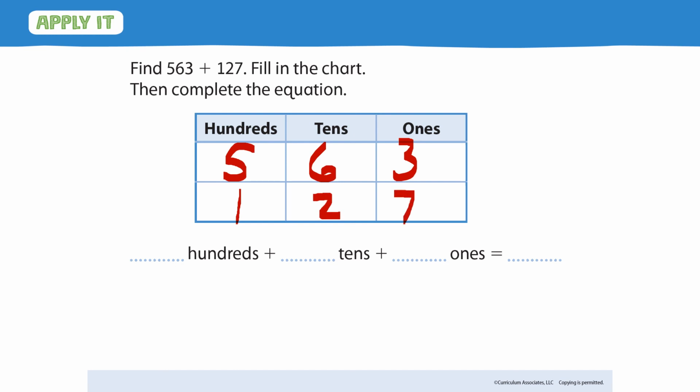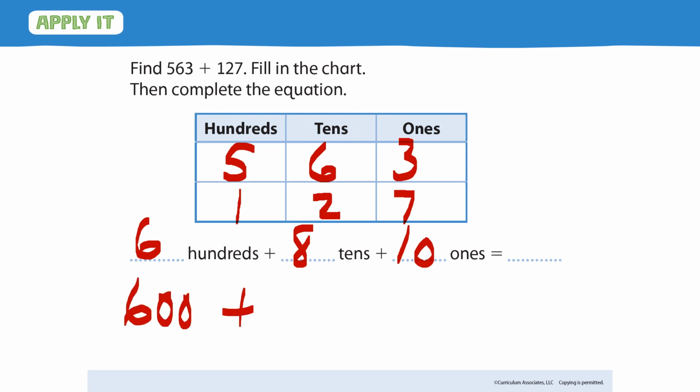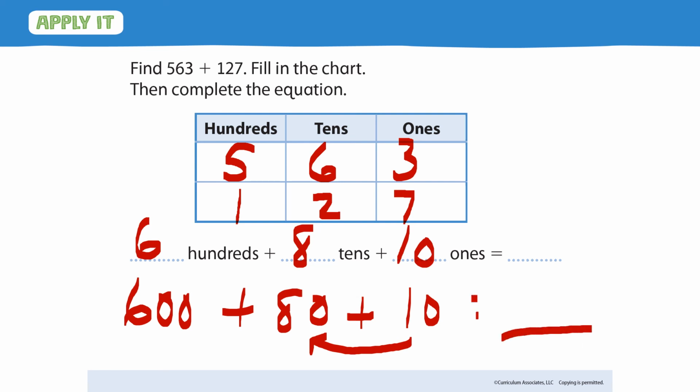So I have 6 groups of 100, 8 tens, and 10 ones. And if I add that together, that would be 600 plus 80 plus 10 ones is 10, which is actually another 10 there, isn't it? So it's 9 tens. So my answer would be 690.